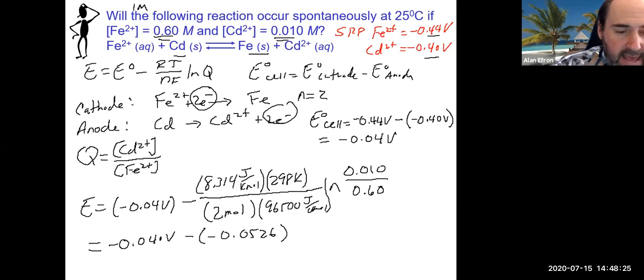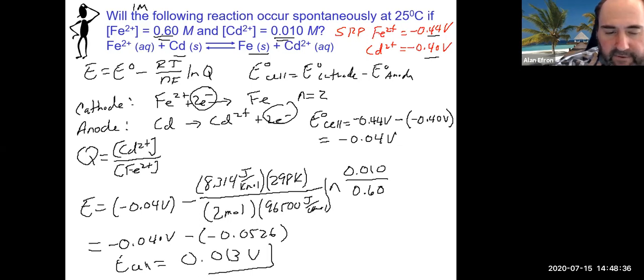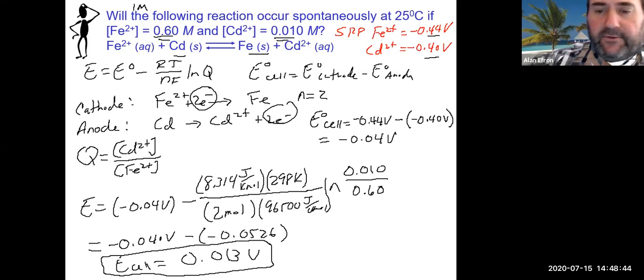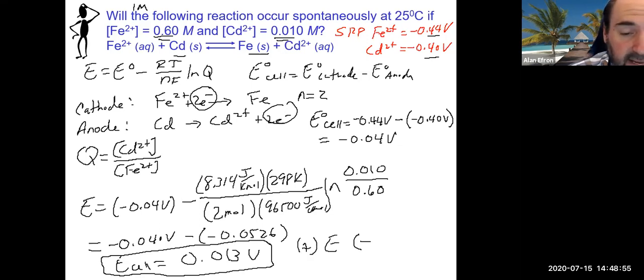I'll round a little bit. And altogether, that ends up giving us an E of the cell under these conditions of 0.013 volts. So under these non-standard conditions, the E of the cell is 0.013 volts, which is now a positive E, which technically should give us a negative G, and should mean that this is going to be a spontaneous process.